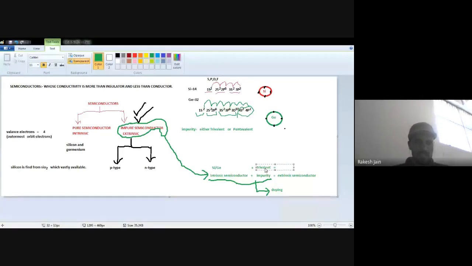Because I know extrinsic semiconductors are of two types. One is P type and one is N type. So when I mix the trivalent impurity, I will find a P-type semiconductor.